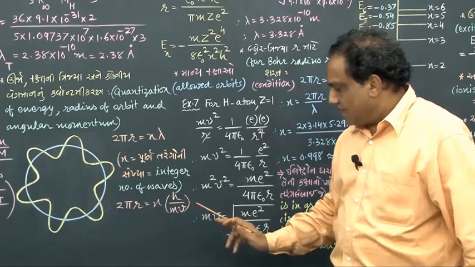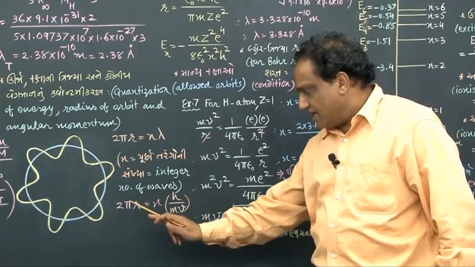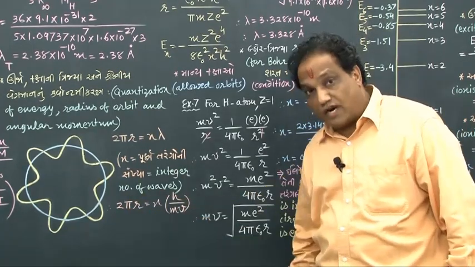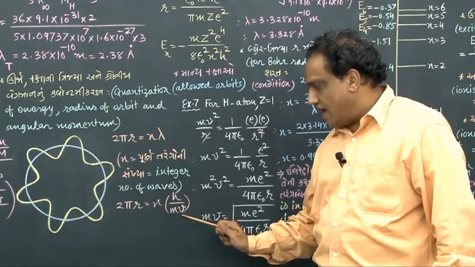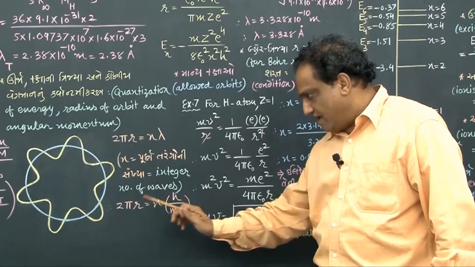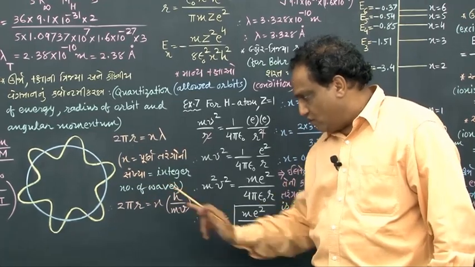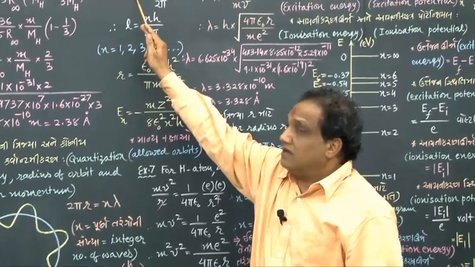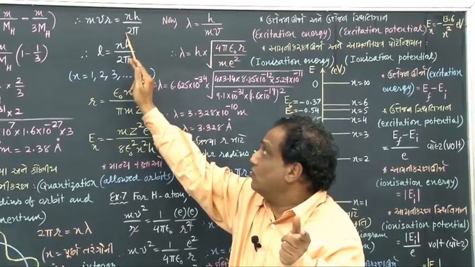And now tell me, transfer this mv here, transfer this 2 pi in the denominator on right hand side. So it will now be mvr equals nh upon 2 pi.